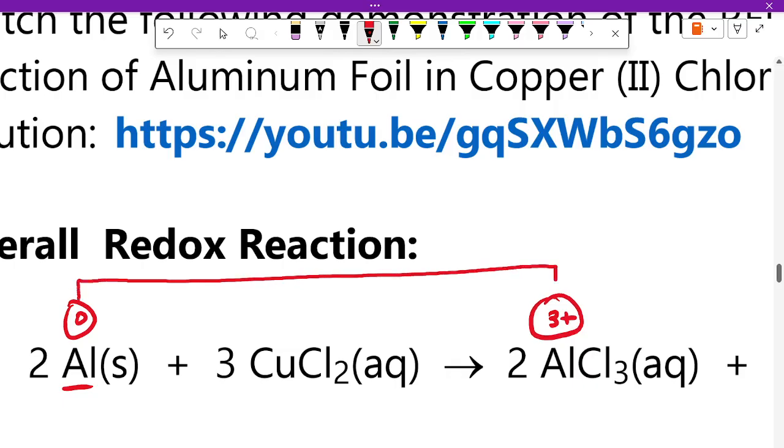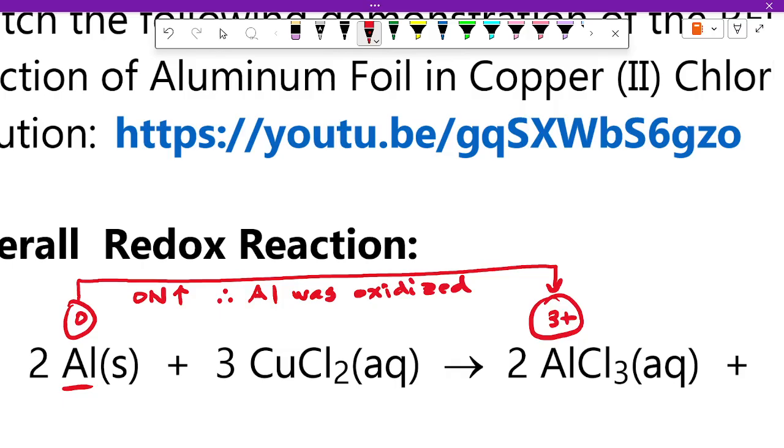So what happened to aluminum? It got oxidized. The oxidation number increased, therefore Al was oxidized. The only way for an oxidation number to increase is for it to lose electrons and become more positive.